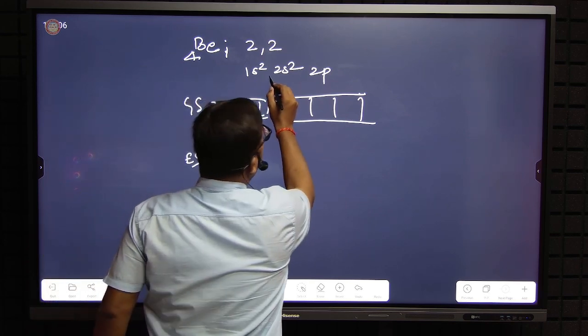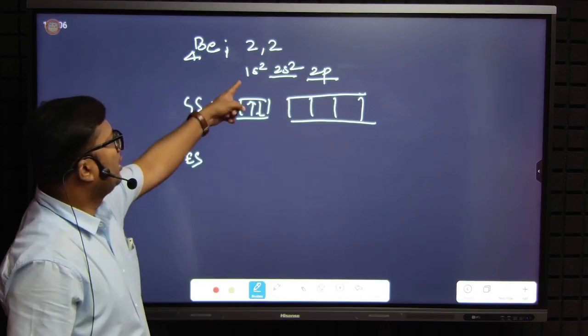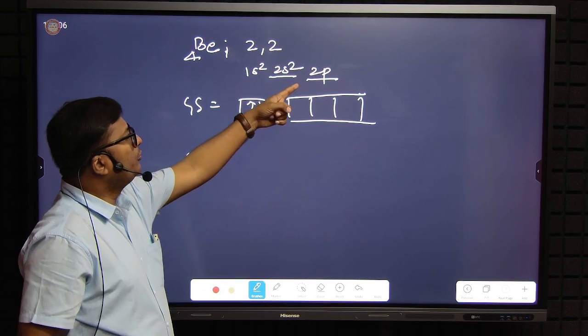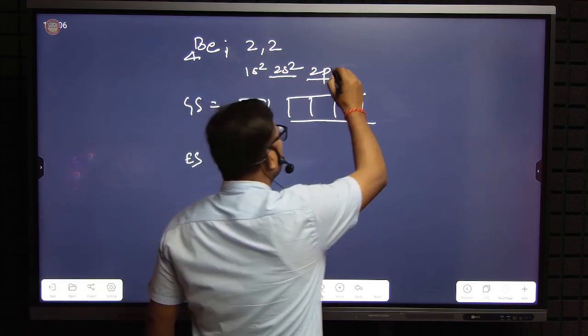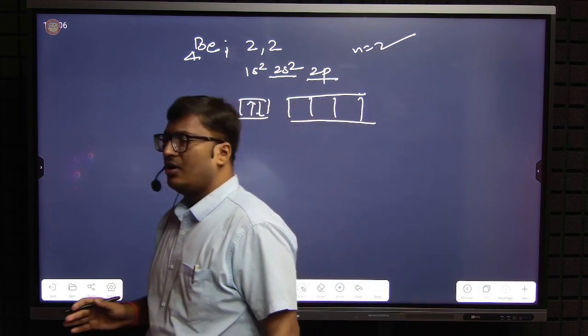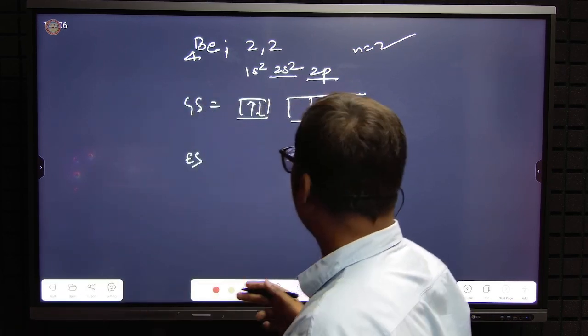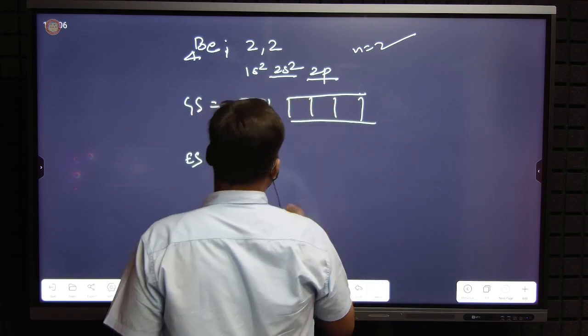This 2s and 2p both possess the same principal quantum number, that is n is equal to 2. So the electron can be excited or promoted through the energy effect.